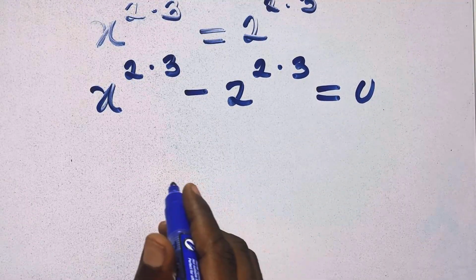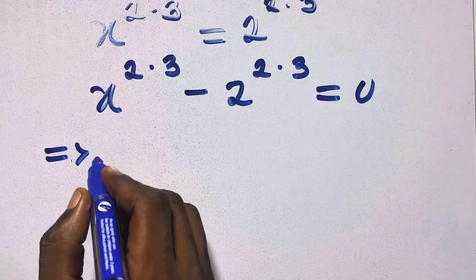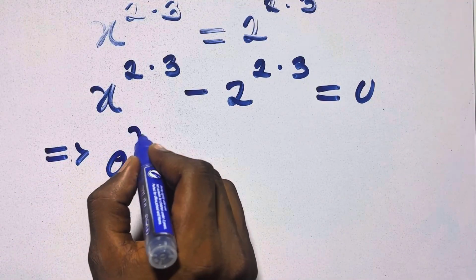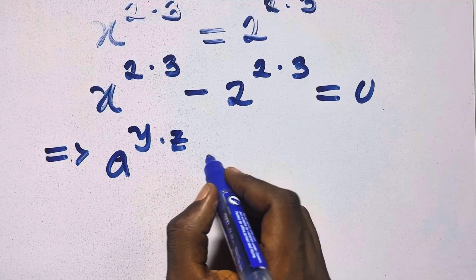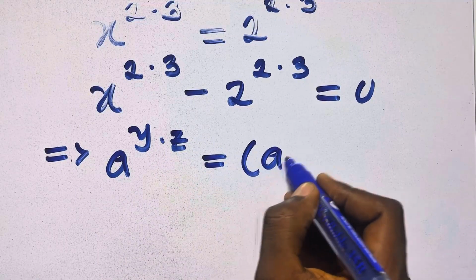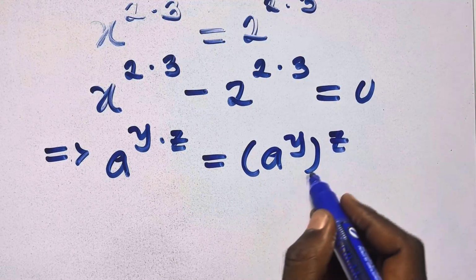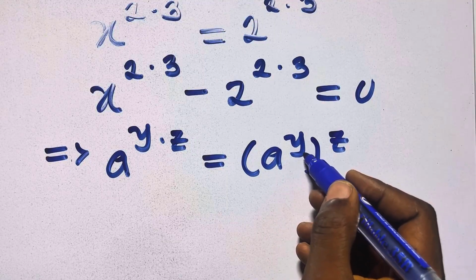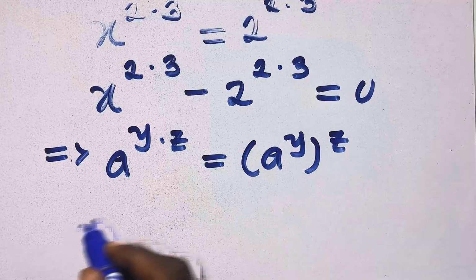From here now, you have to recall that if you have an expression like a raised to the power y multiplied by z, this is equal to a raised to the power y, then again raised to the power z. This is the law of indices, the power of a power law, where a number which is raised to a power is again raised to another power, and these powers are multiplied.